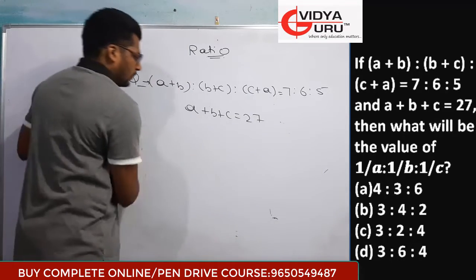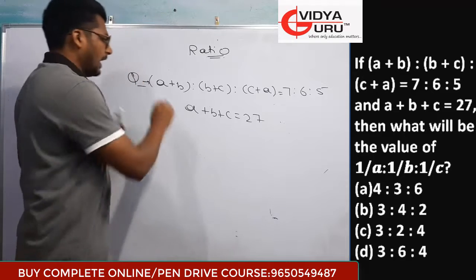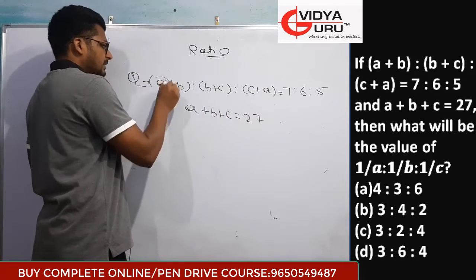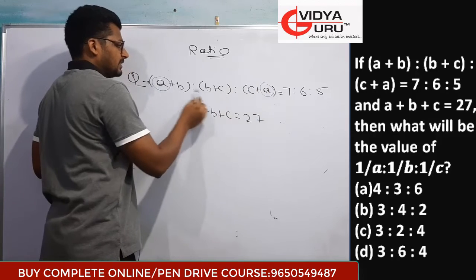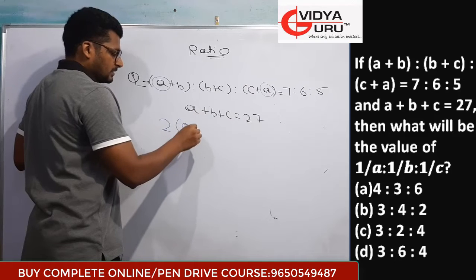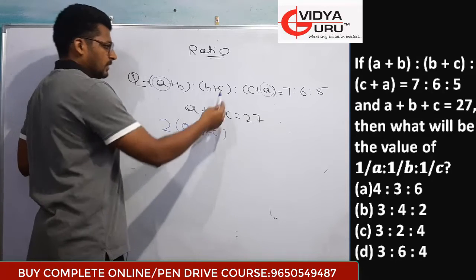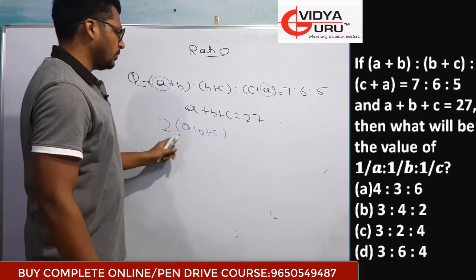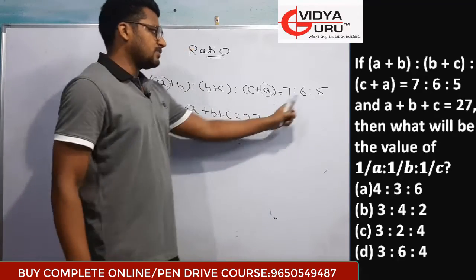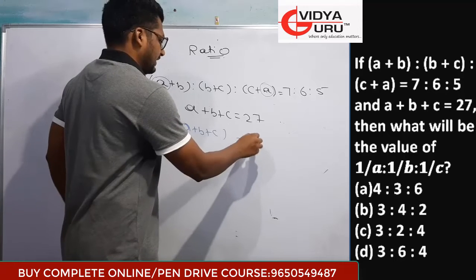What can I do? If I add up these three, then I know A is coming 2 times, B is coming 2 times, and C is coming 2 times. That means 2 times A plus B plus C. LHS would be that thing, 2 times A plus B plus C, and RHS will be 6 plus 5, 11 plus 7, 18.